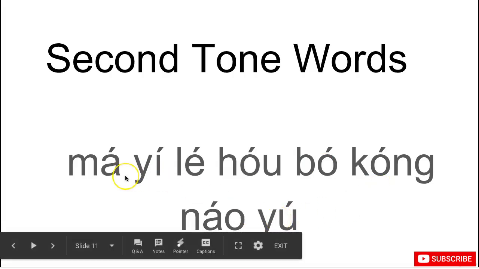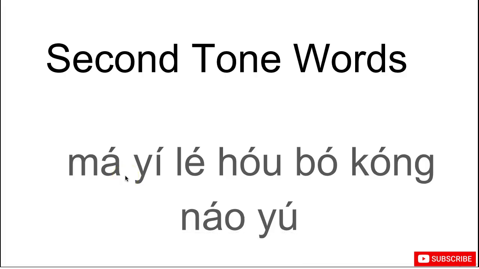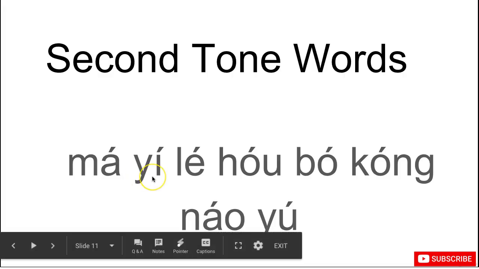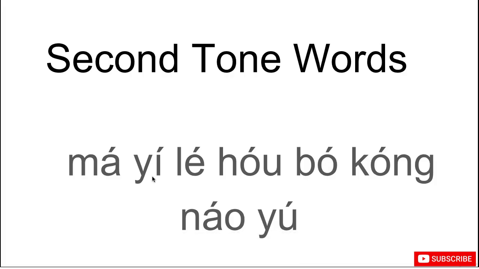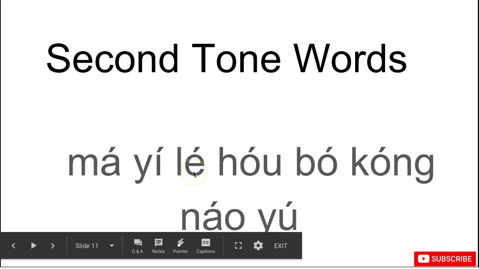All right, so let's pronounce each of them six times. Ma, ma, ma, ma, ma, ma, and that's it. Let's go for the second pronunciation. Yi, yi, yi, yi, yi, yi. Let's go for the third one.